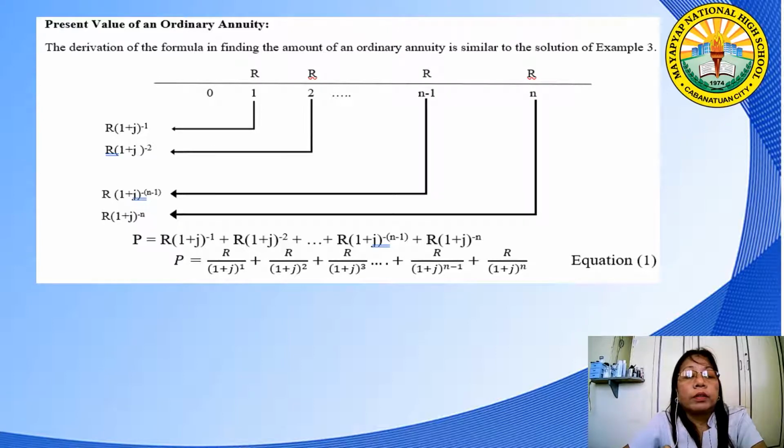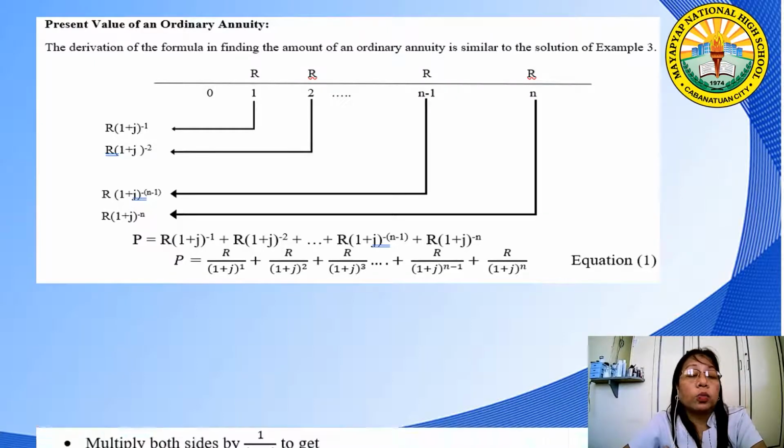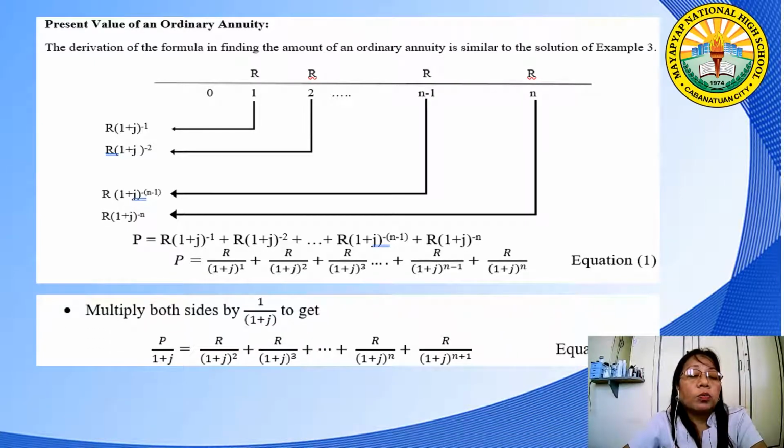You name this as your equation 1, and then you multiply both sides by 1 over (1 plus j) to get P over (1 plus j) equals R over (1 plus j) raised to the second power plus R over (1 plus j) raised to the third power, and so on and so forth. And you name this as your equation 2.